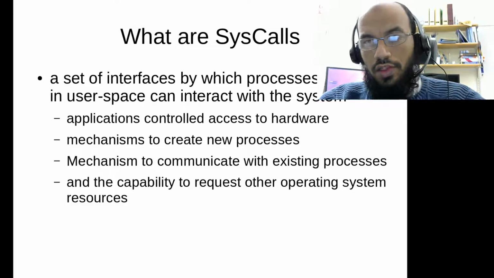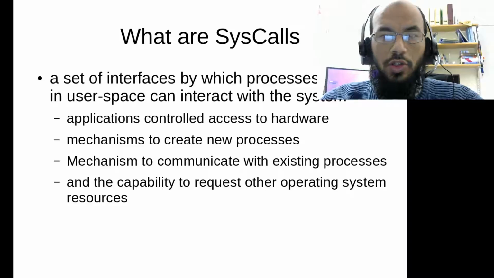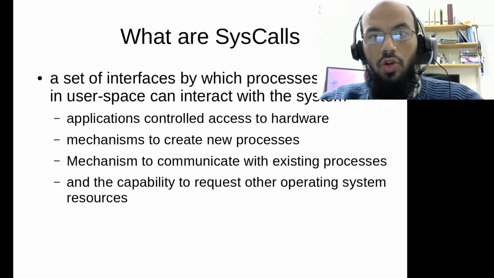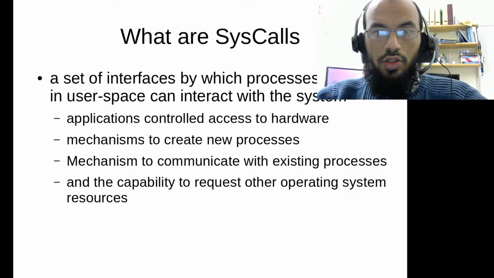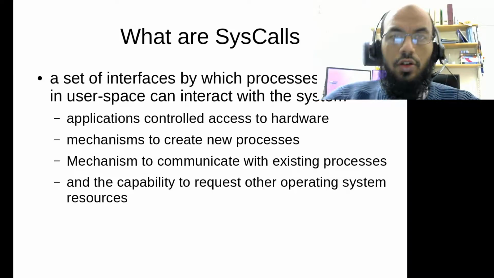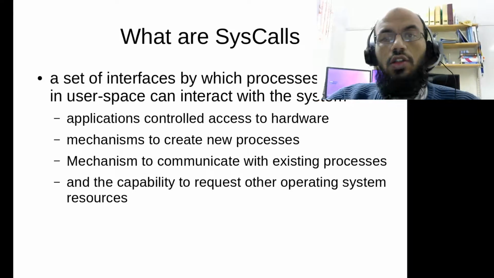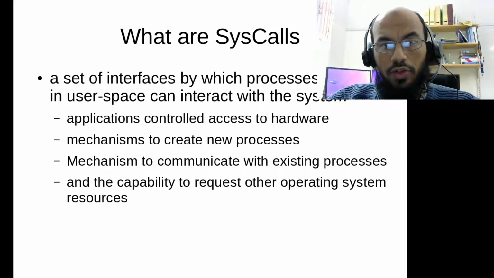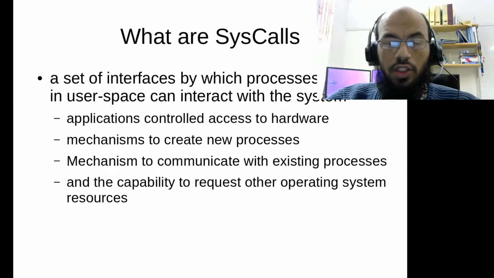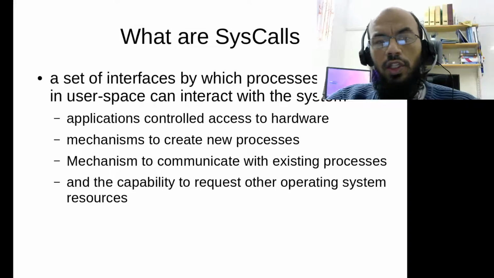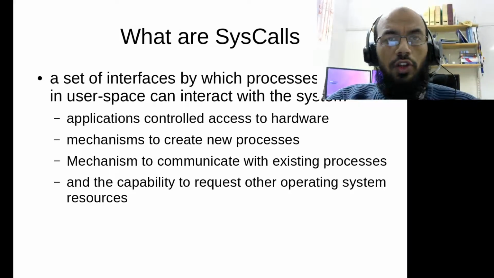And these are basically a set of interfaces by which the process can go from user space to interacting with the kernel or kernel functionality. It is used for controlling the hardware, for example, creating new processes and communication between different processes that exist.